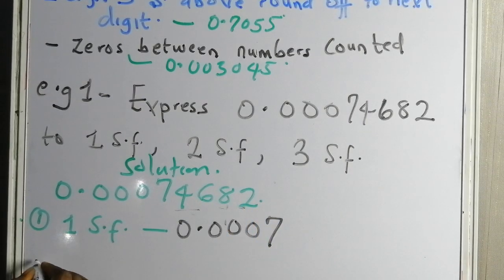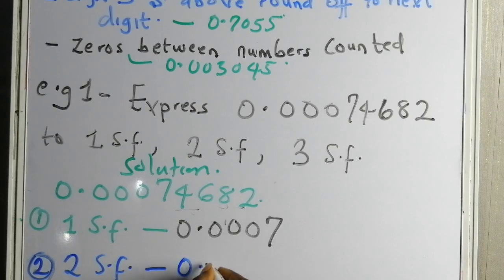So for the second one, which is 2 significant figures, number 2 says 2 significant figures. So you have number 2 here, 2 S.F. Now if you look at it very well, for 2 significant figures, it will be 0.00075. Very simple.